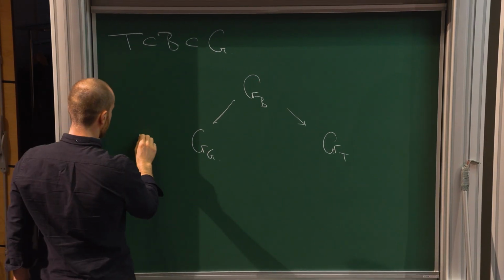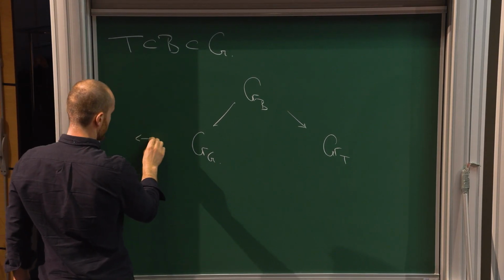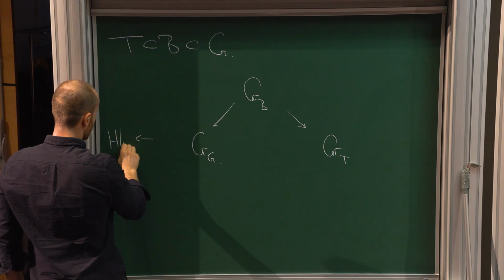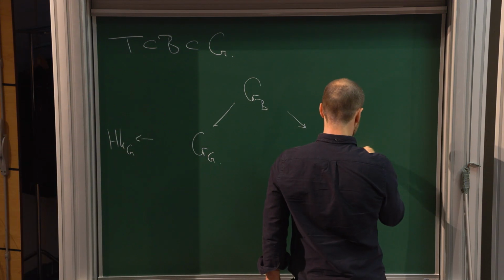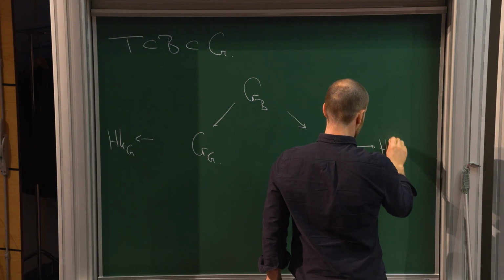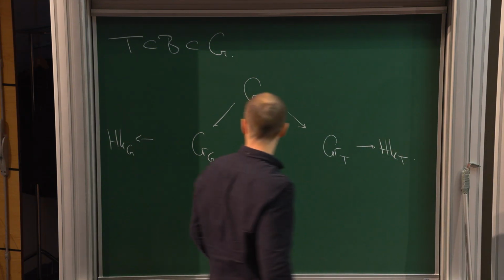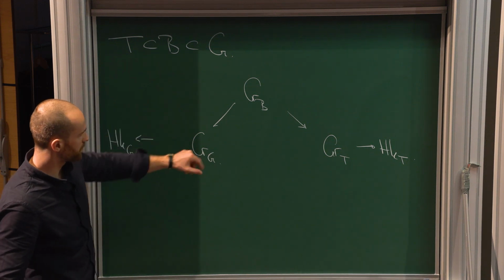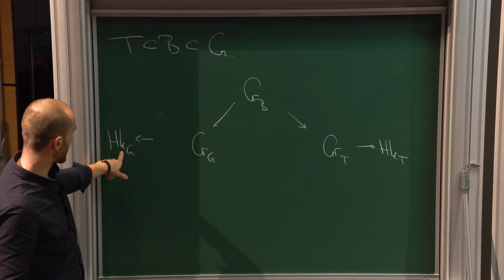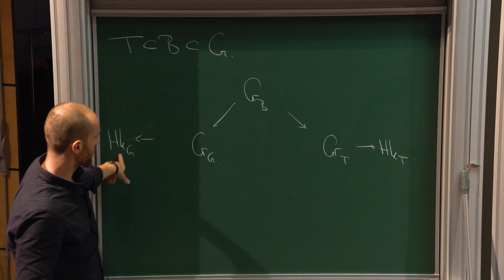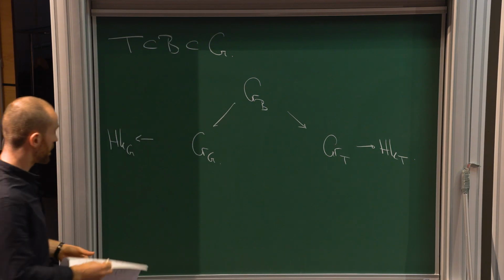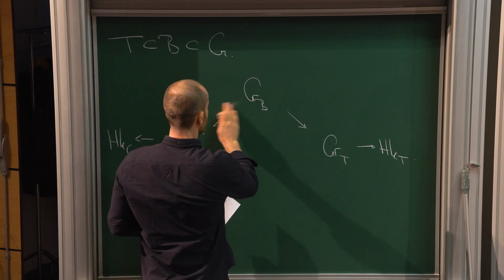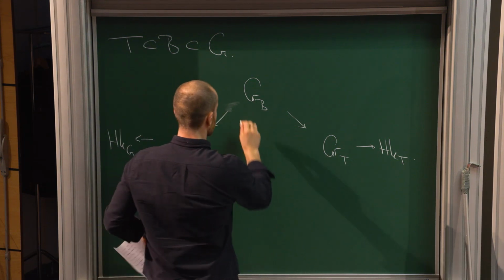Then here, this affine Grassmannian maps to the Hecke stack of G. And this here maps to the Hecke stack of T. And you want to use this correspondence in order to get a functor from motives on the Hecke stack of G to motives on the Hecke stack of T. And one only has to be a little careful what to write down.